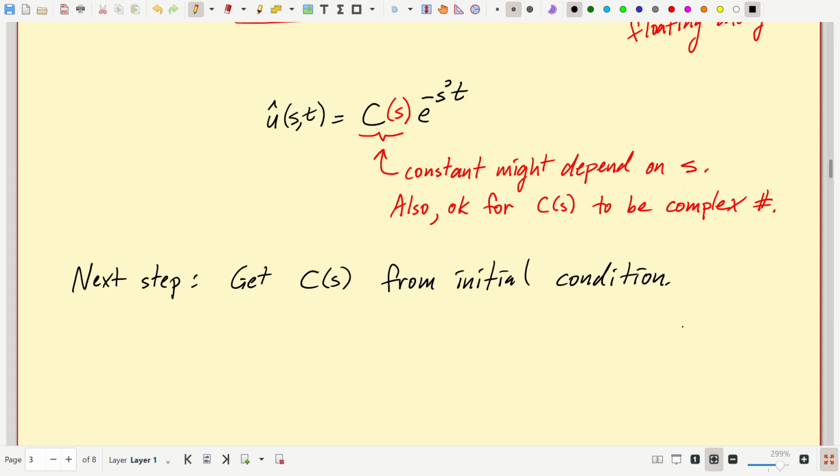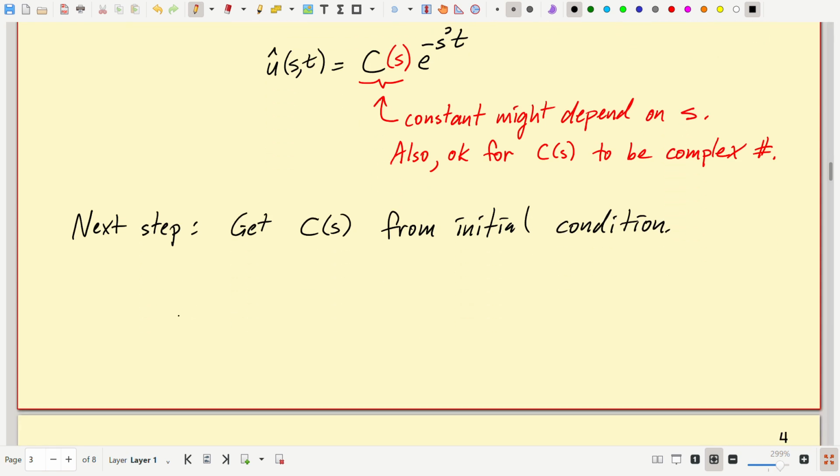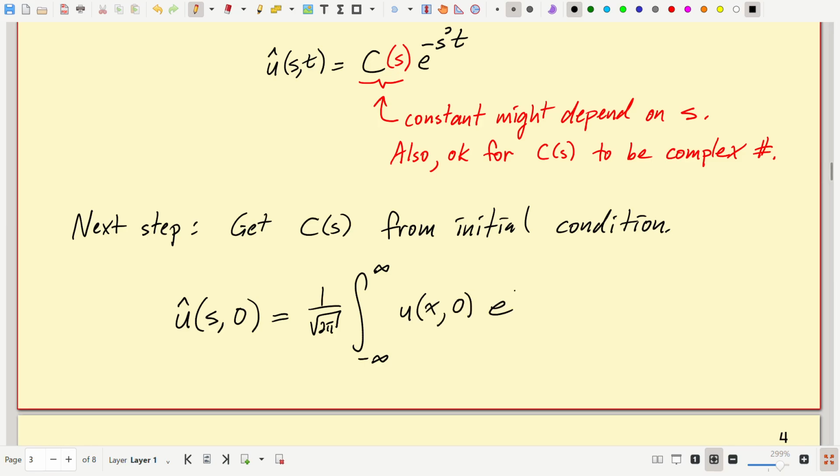Okay, so let's think about the initial condition. We have u hat of s comma t equals 0. That's the Fourier transform of u of x, 0, e to the minus i s x dx.